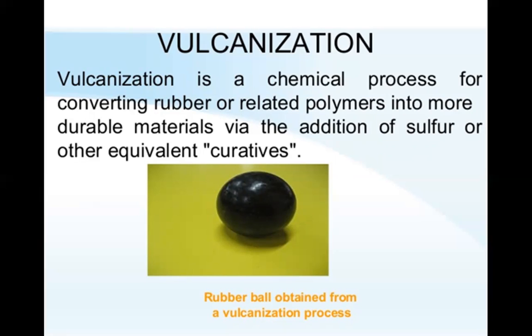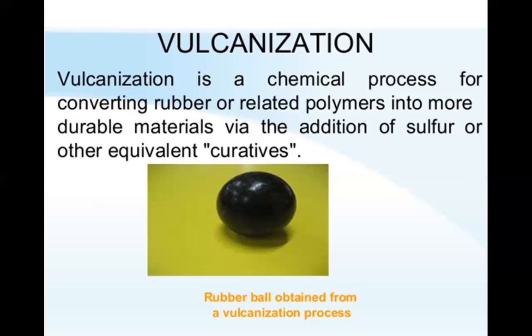Finally, the compounded, vulcanized rubber is drawn in the form of sheets by the calendering process. In the previous slides, I explained the calendering process. By using that process, we get the vulcanized rubber. So that process is known as vulcanization.